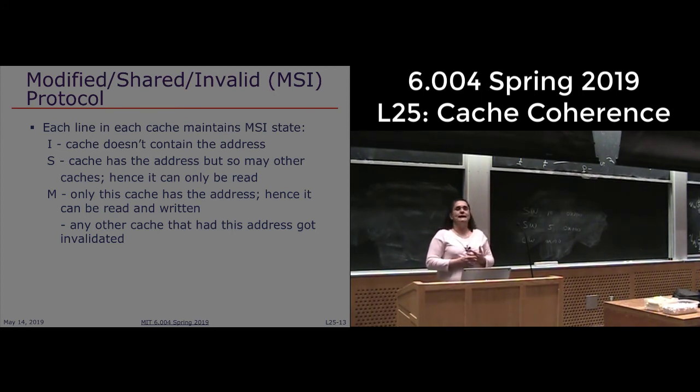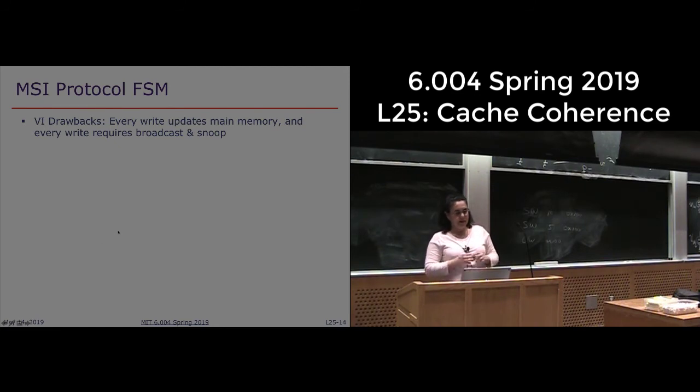Shared means that you're currently just reading from the cache, and so you haven't made any modifications. And so it's perfectly fine for multiple caches to have a shared copy of the same address in their cache. And then M stands for modified, which means that I'm actually doing a write to this location. And so I have to make sure that this address is invalidated in all the other caches. All right.